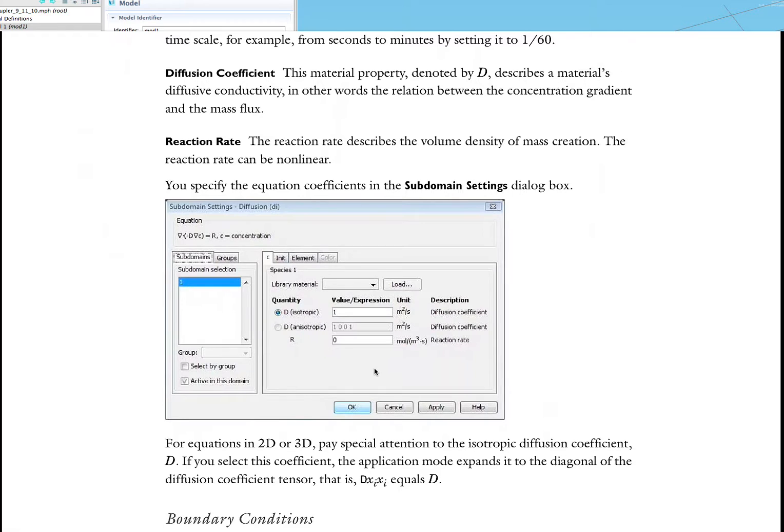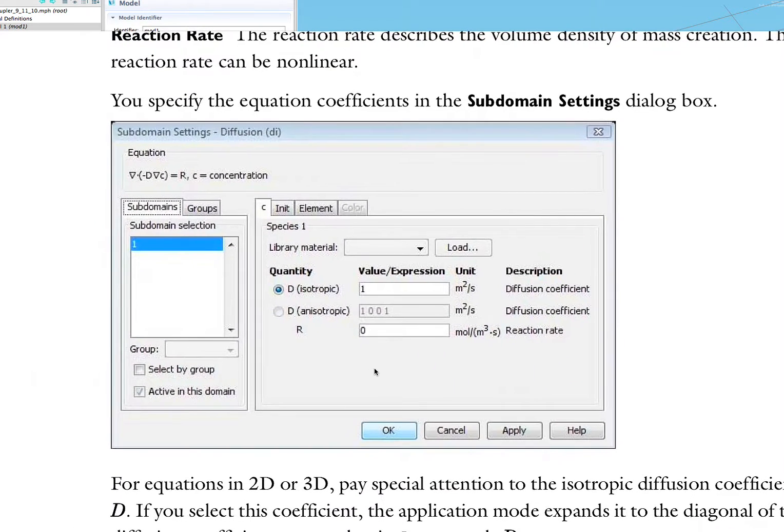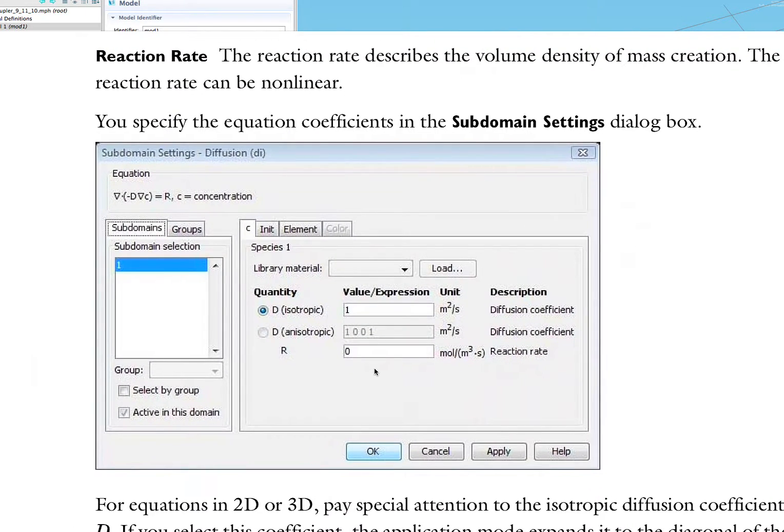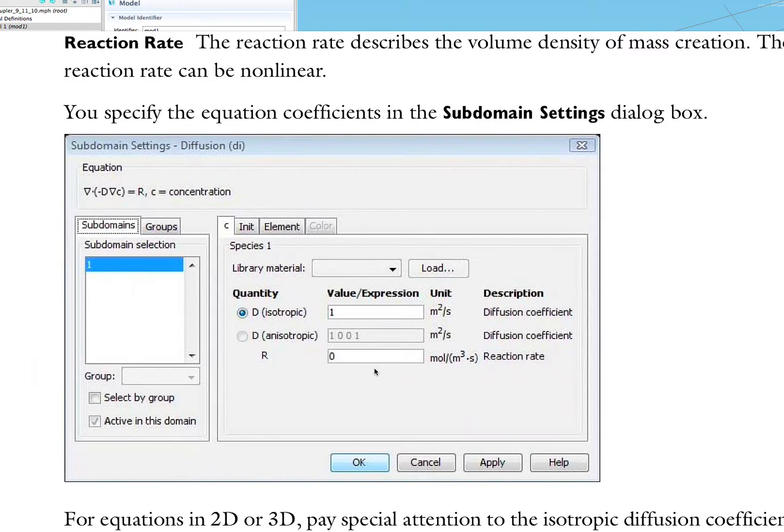Then when you go to the subdomain settings in COMSOL, you will notice that the equation is highlighted up here. If, for example, there is no time dependence, then you will have the divergence of minus D grad C equals R. That's all it is.